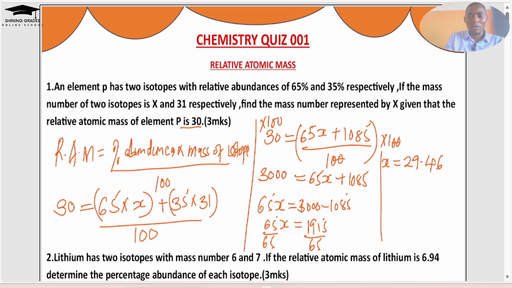So our relative mass in this case is approximately 29 grams. So the mass number represented by X is 29 grams.